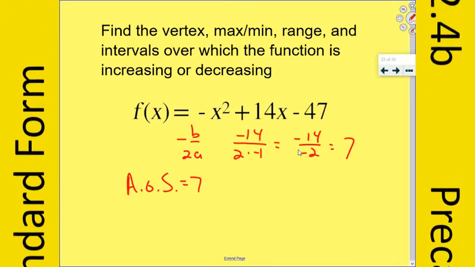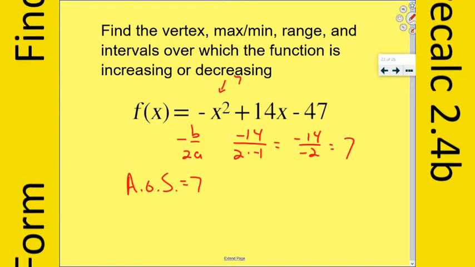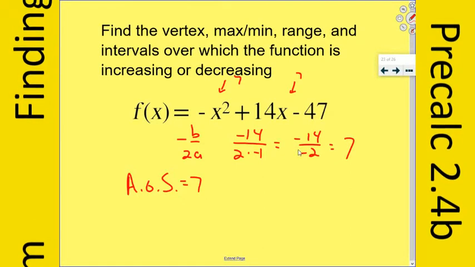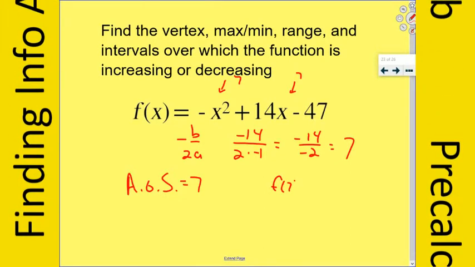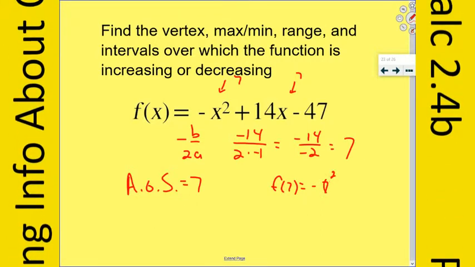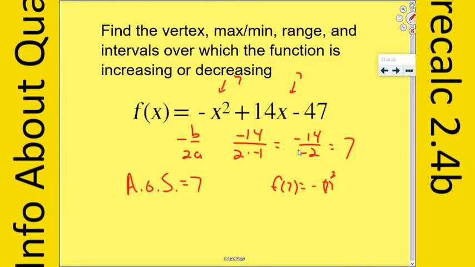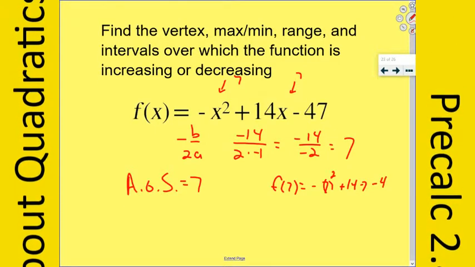If we plug in 7 wherever we see an x, we get that f of 7 is equal to negative 7 squared, and remember we're squaring just 7 and then making it negative, plus 14 times 7 minus 47.